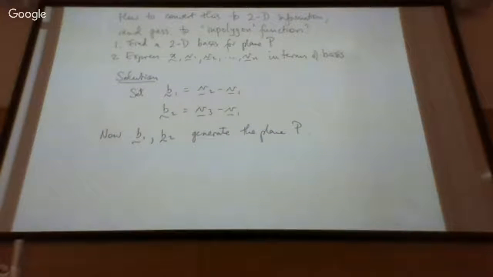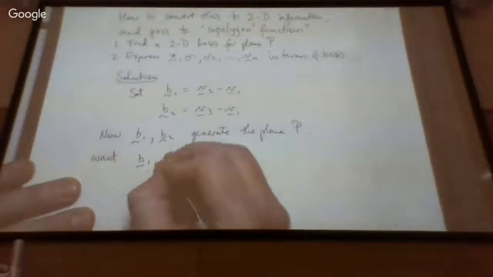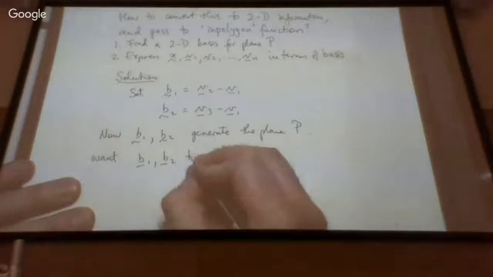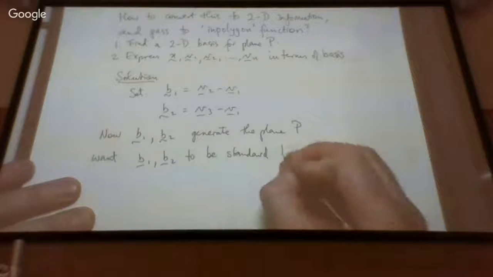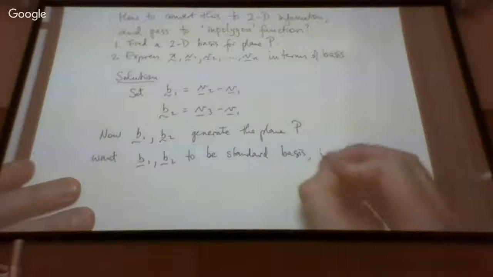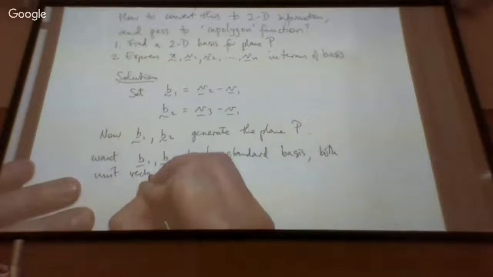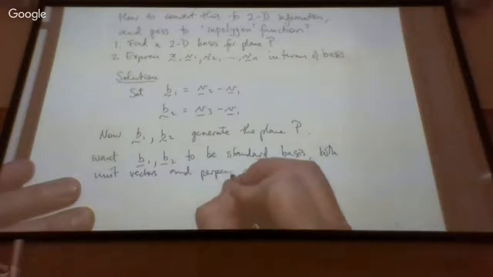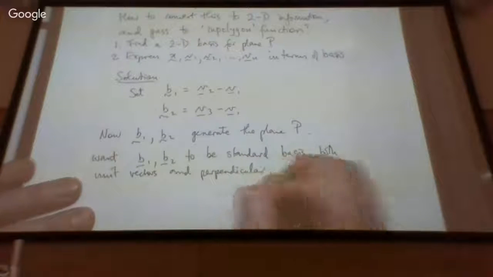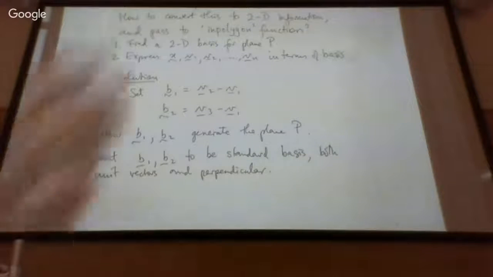But I want them to be a nice standard basis. Okay? I want b1 and b2 to be a standard basis, i.e. both unit vectors and perpendicular. That will make it easy to extract components for it.